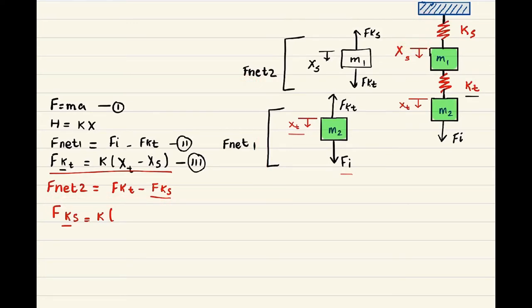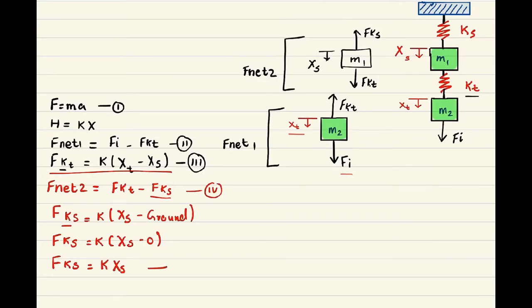So I'm going to place this xs here minus ground, which will be replaced by 0. So we are going to have Fks equals k times xs minus 0. So our Fks is equal to kxs. And let's give this equation number 4 and equation number 5.